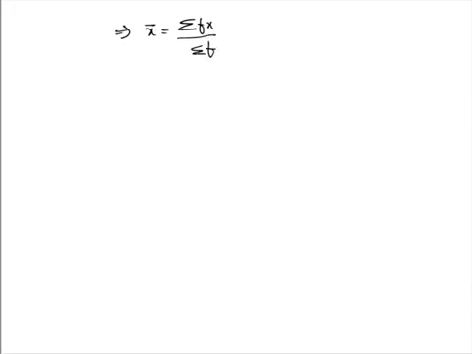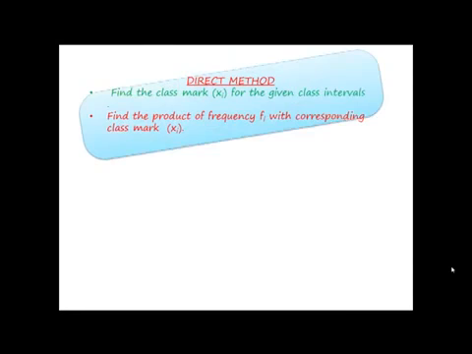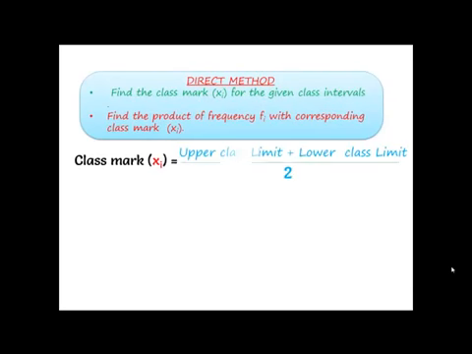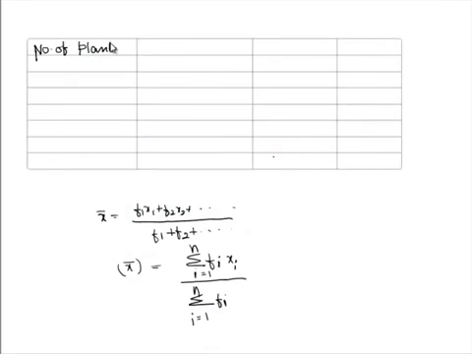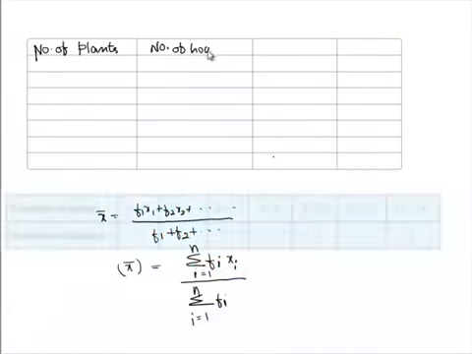Now we move on to the problem. The tabular form given here is the number of plants as the grouped data and number of houses as frequencies. Let's note this down in tabular form. Number of plants as grouped data, number of houses.